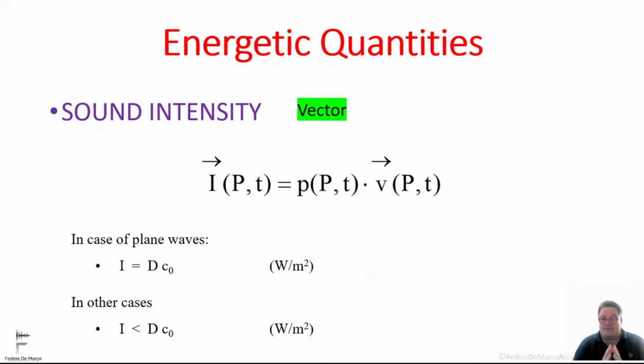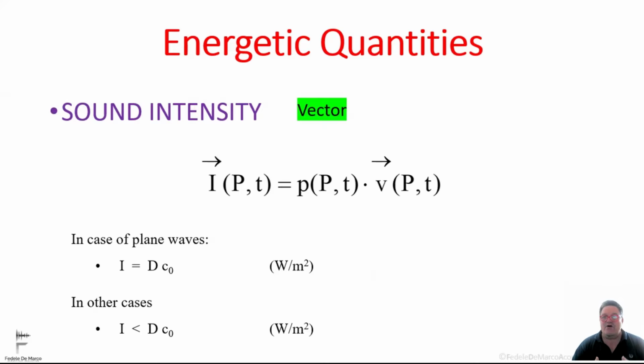So the more the wavefront becomes plane, the less interaction it has with the boundaries of the room, and so intensity is density times velocity of sound. In reality, we have reactive rooms.